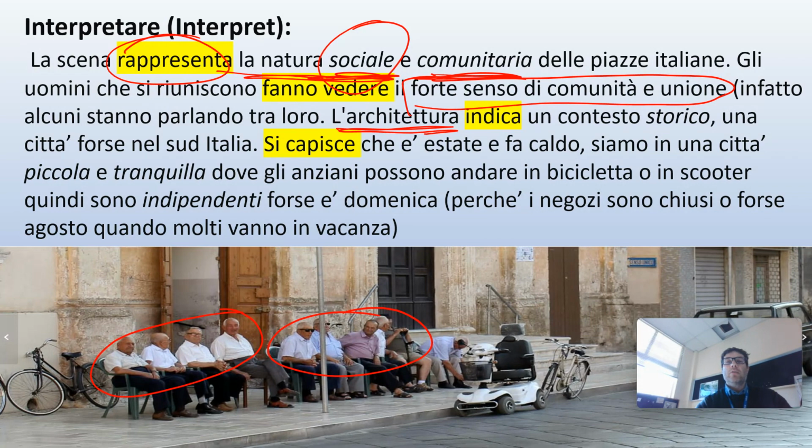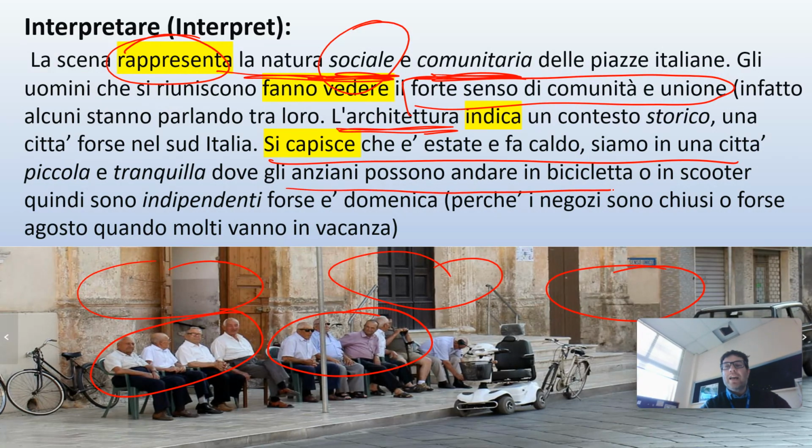L'architettura, obviously you would have more information about the elements of your image. I just chose a picture from the internet, so I'm not sure exactly what town this one is or if there is a special event that is going on. Okay, but we can also see that gli anziani possono andare in bicicletta. So the fact that the old people can ride their bike, okay, we can see here, some of them obviously got a scooter.